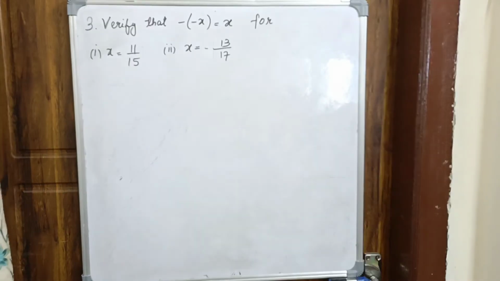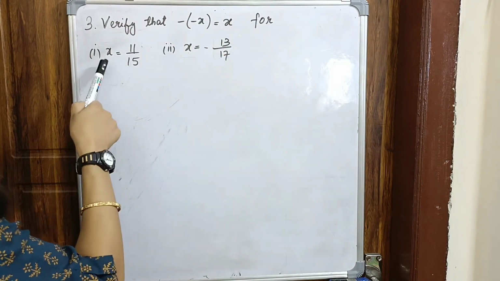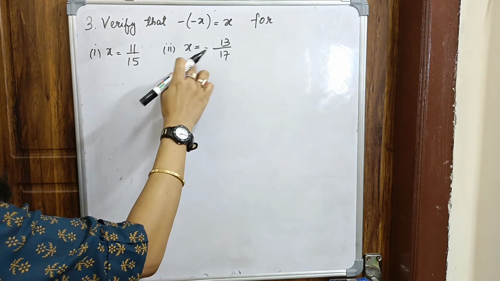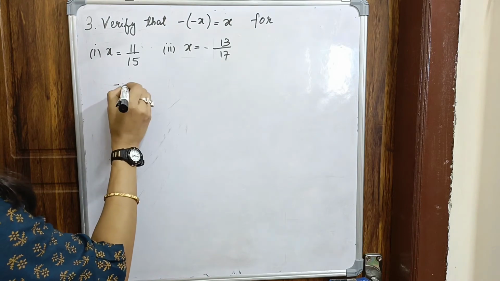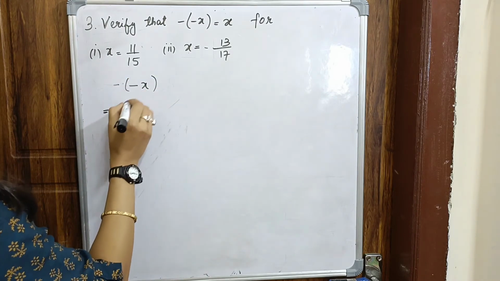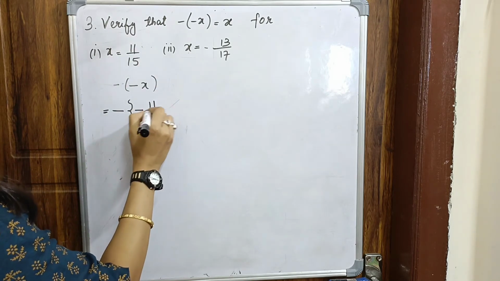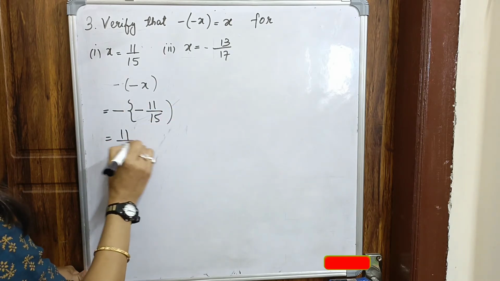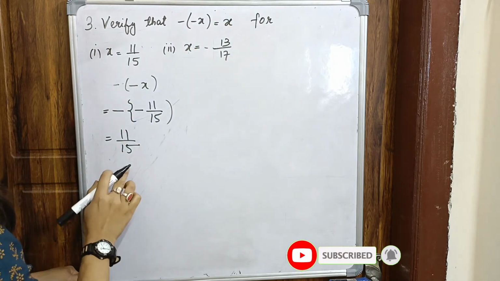So the third question is verify that minus of minus x equals to x for these numbers. We'll put x equals to 11 by 15 and x equals to minus 13 by 17 in here. So minus of minus x equals to minus of, in place of x we will write first this one 11 by 15, and minus is plus, so it is 11 by 15. So we have proved that minus of minus x equals to x.